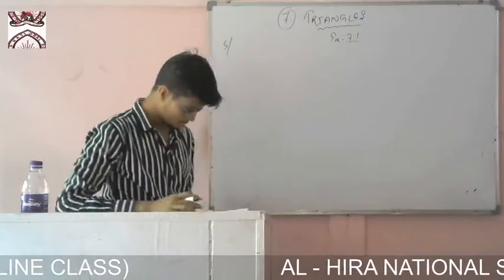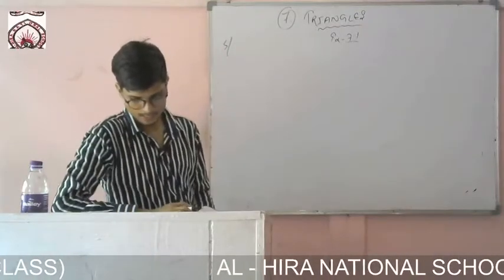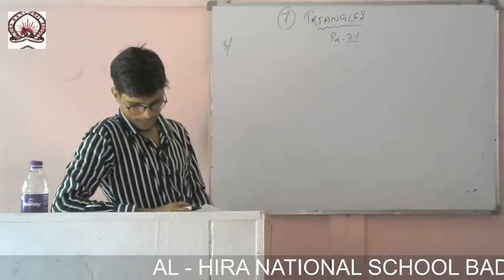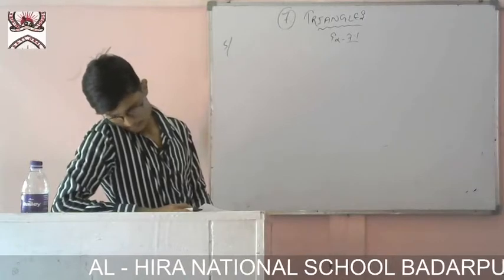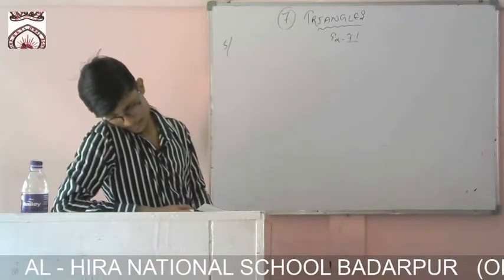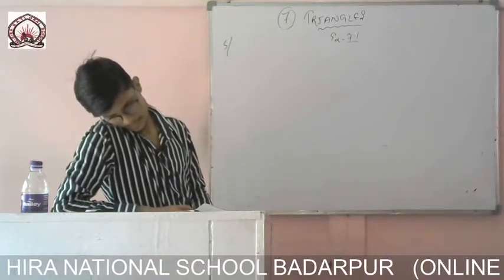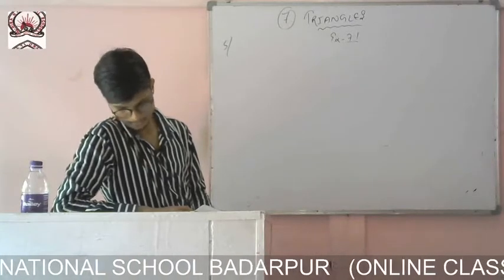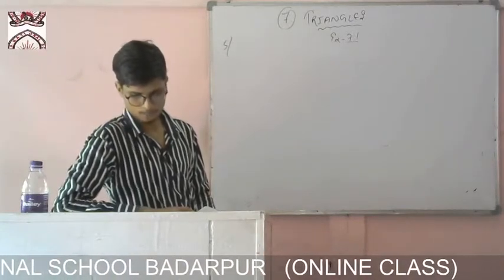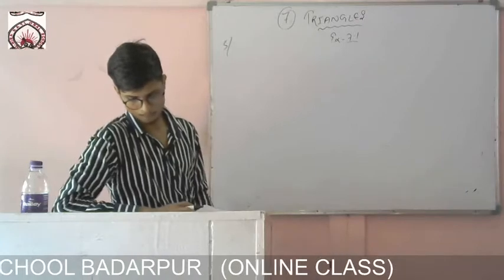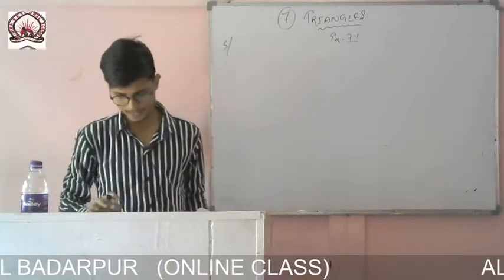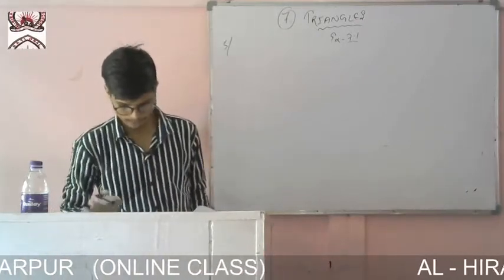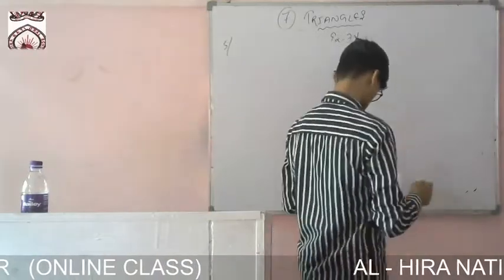Question number 5: the line L is the bisector of an angle A, and B is any point on L. BP and BQ are perpendiculars from B to the arms of angle A. The figure is given, let me draw it very clearly.